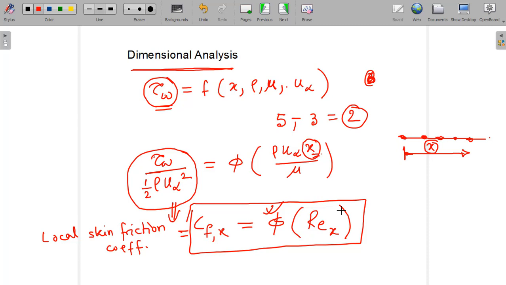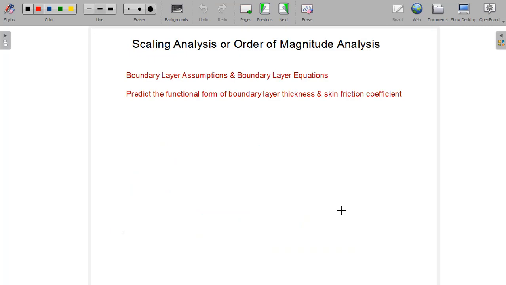Now let us see the theoretical approach. For that we'll do the scaling analysis. Scaling analysis and order of magnitude analysis are the same, and the main objective of doing this analysis is that you can get the boundary layer equations, and you can also predict the functional form of the boundary layer thickness and the skin friction coefficient, even without actually solving the equations.